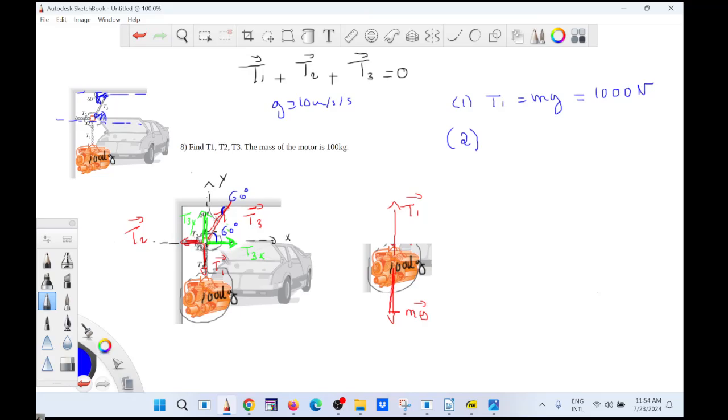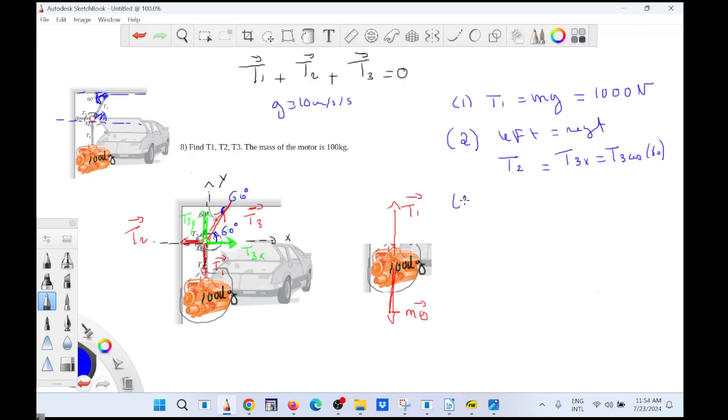You see that left equals right. So left is going to be T2. Right, it's going to be T3x, which is T3 cosine 60. Okay, so the x component is always cosine if you are given this angle here with the positive x-axis.